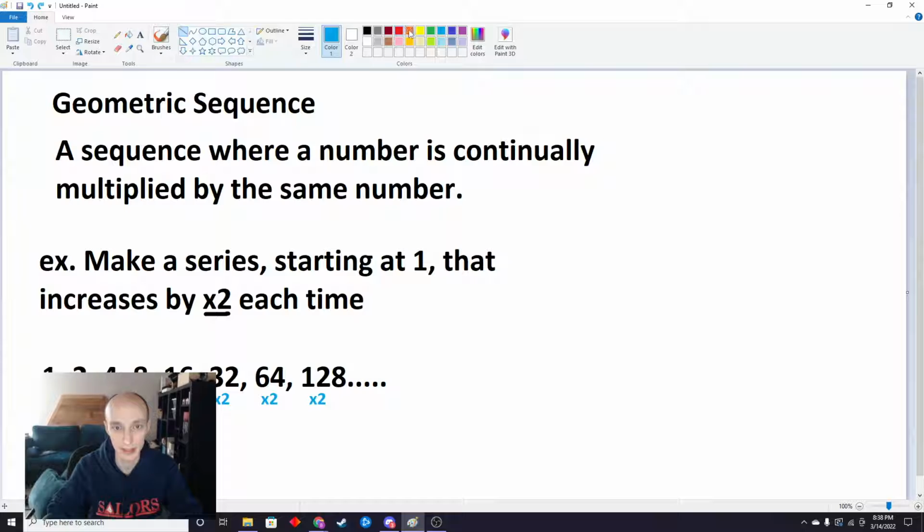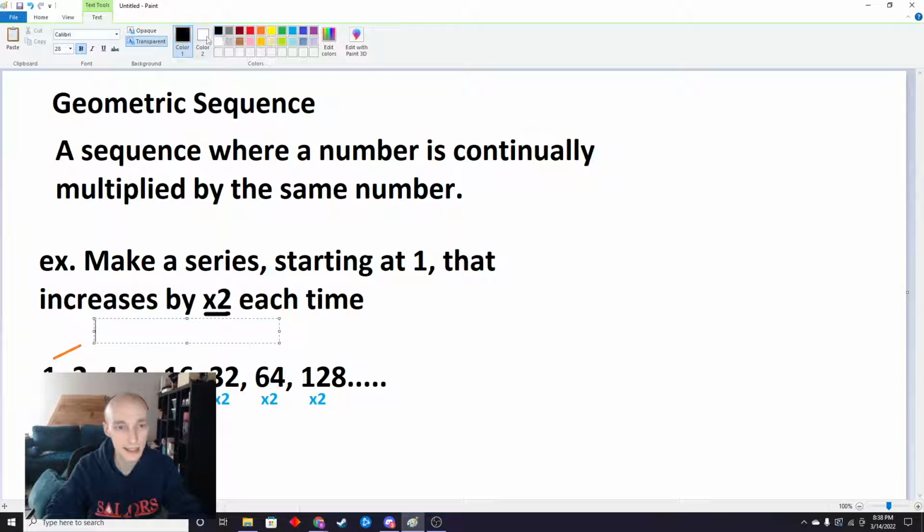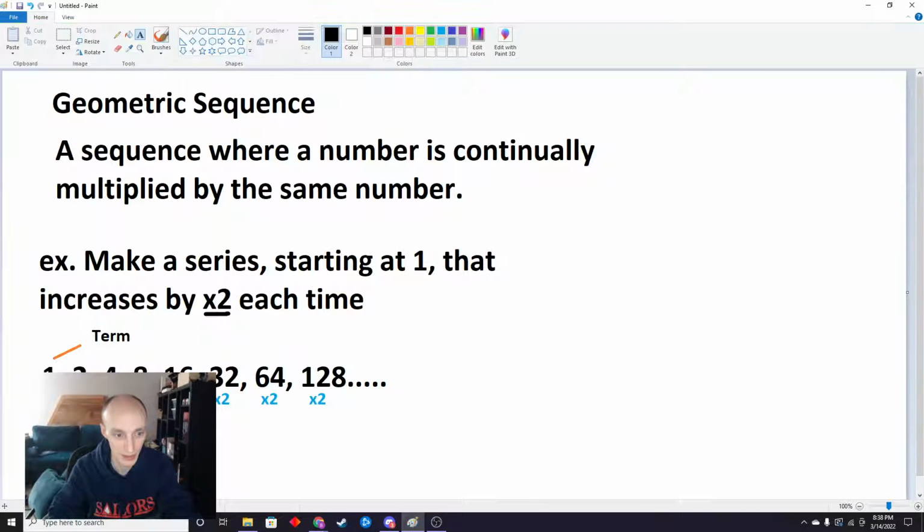Let's use orange. I like orange a lot. Each one of these spots is called a term. And a term is just like an amount, or like the number of the thing. So the 1 would be the first term, this 2 would be the second term, the 4 would be the third term, the 8 would be the fourth term, and so on, right? It's just which number in the sequence it is.